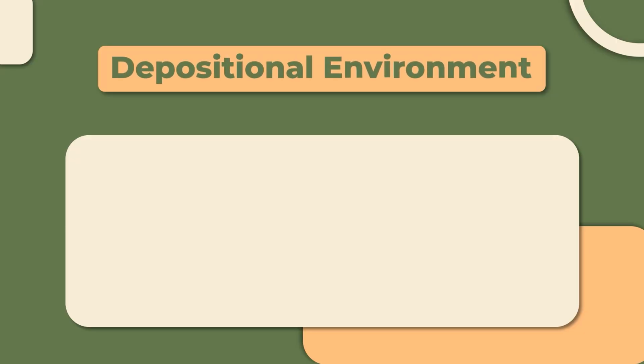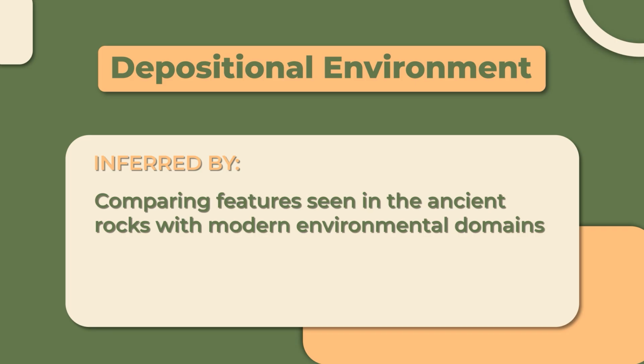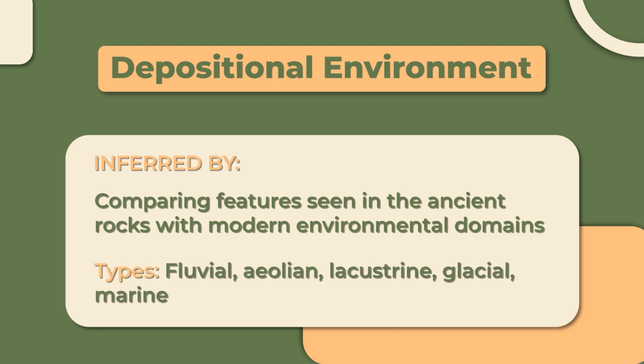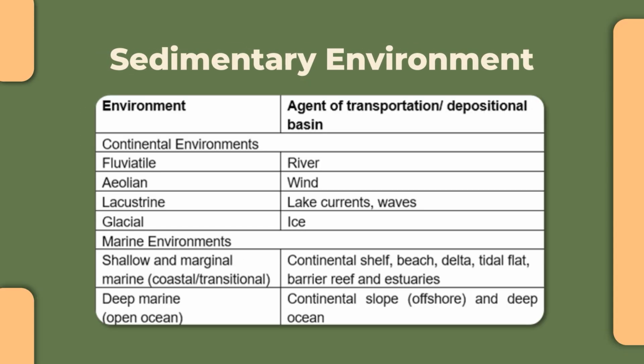The depositional environments are inferred by comparing features seen in the ancient rocks with modern environmental domains, like fluvial, the way sedimentation takes place in the river; aeolian, the way sedimentation takes place in the desert; lacustrine, in the lakes; glacial, in high and upper mountains; and the marine, in different parts of the marine area, shallow marine, deep marine, etc. The sedimentary environment is consolidated here.